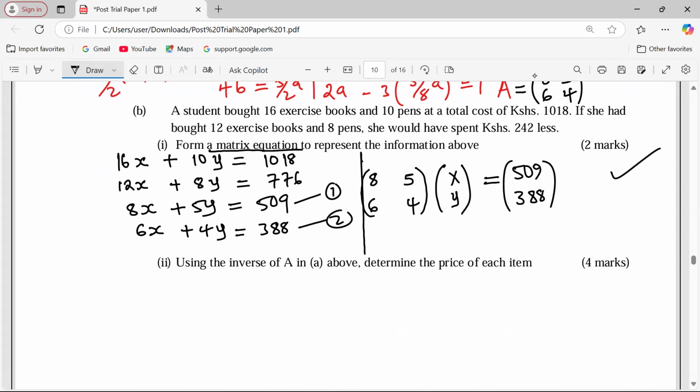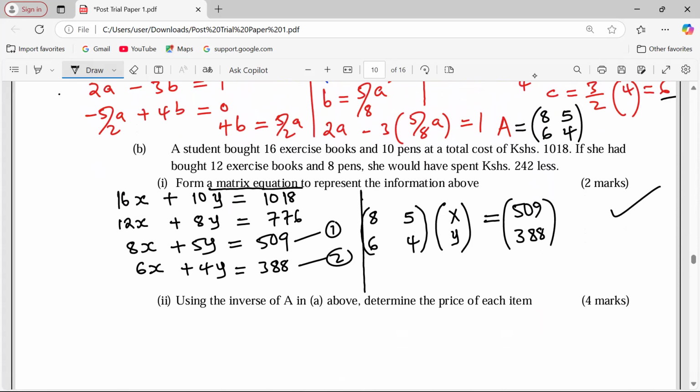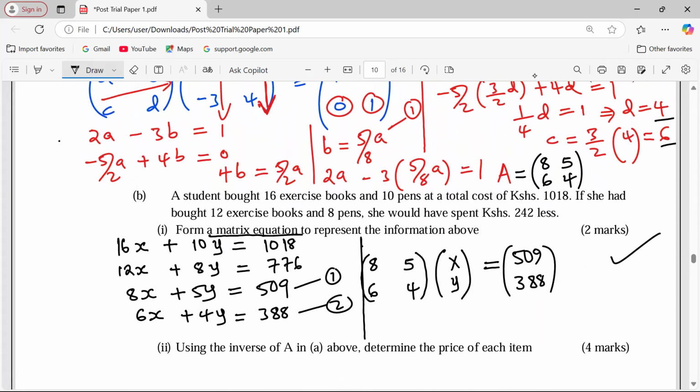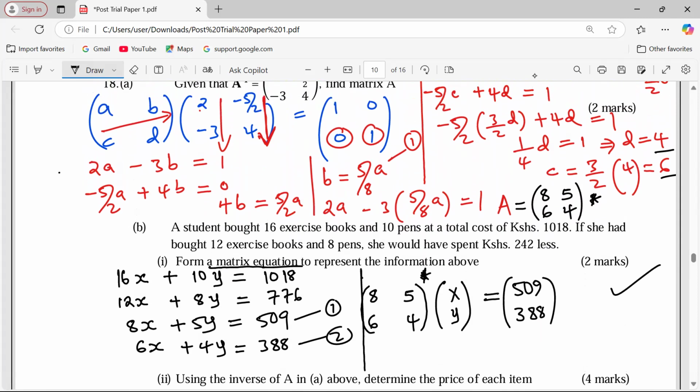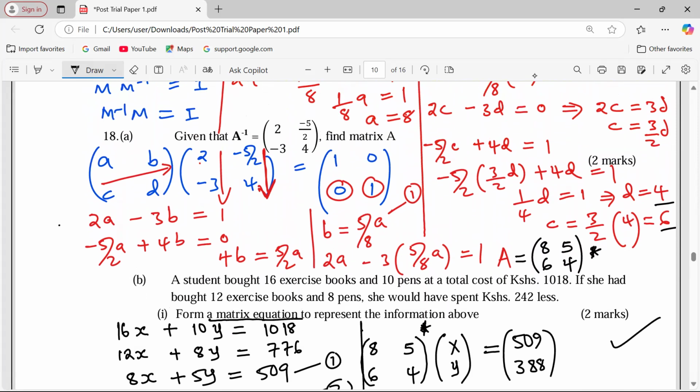Something very interesting is that you discover that the coefficients matrix that we are obtaining here is the same as the matrix A that we have here. So for us to use the matrix method, we are supposed to pre-multiply both sides of this matrix equation by the inverse of the coefficients matrix.